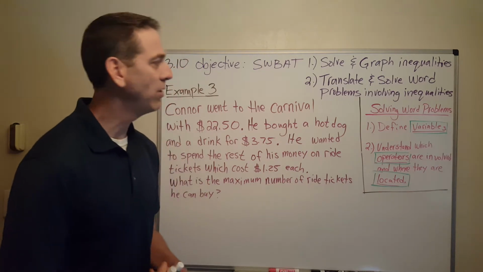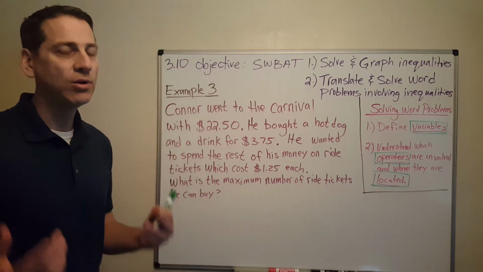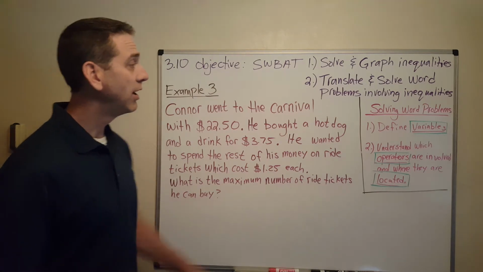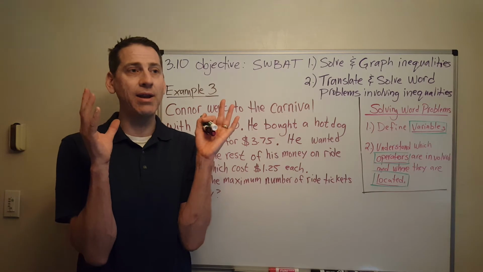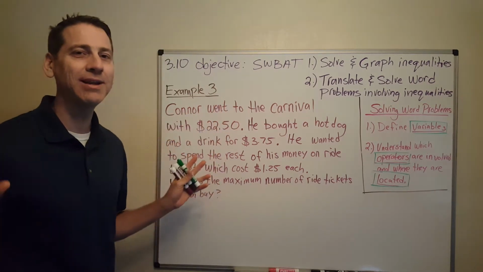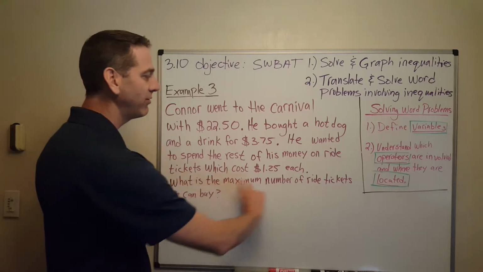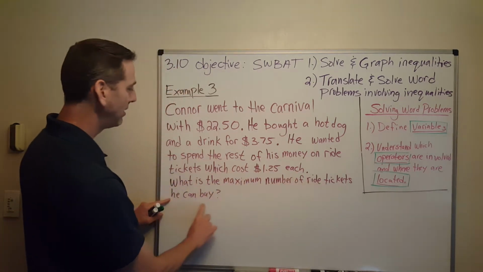All right, so once again, the very first thing is I have to figure out what my variable is. The variable is going to be, hey, what is this about and what are they asking for? A telltale sign is to look at the end of the question. What is the maximum number of ride tickets he can buy?